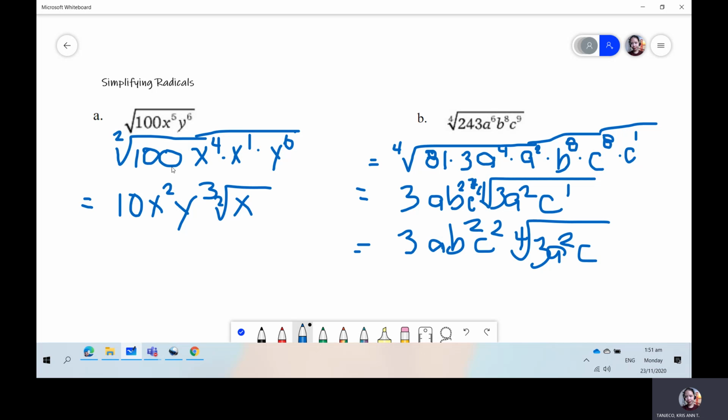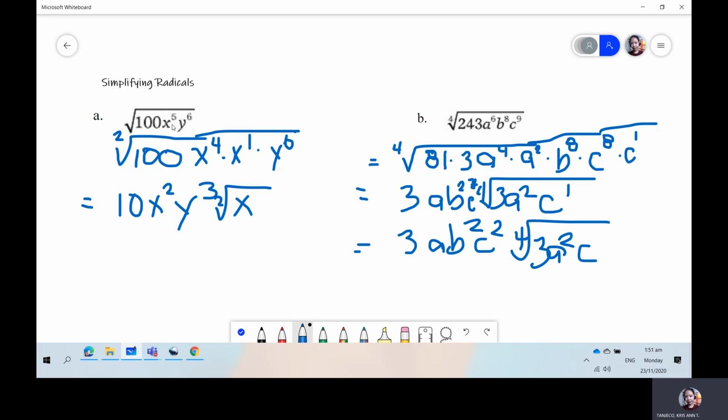If it has a square root or the nth root, you're just going to get the nth root of the given number. For the variable part, we are just going to work with the exponent part. So remember, we are going to split the given set of variables if and when the given nth root is not divisible, or we cannot divide the given exponent by the nth root.